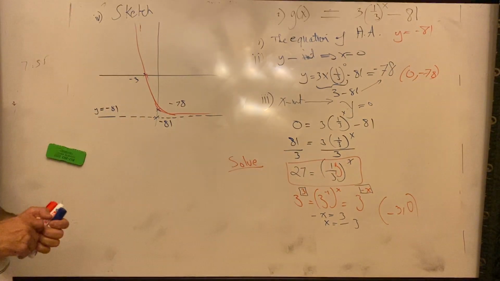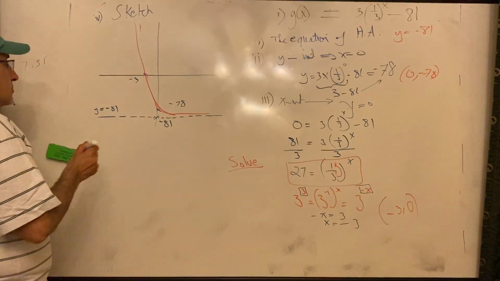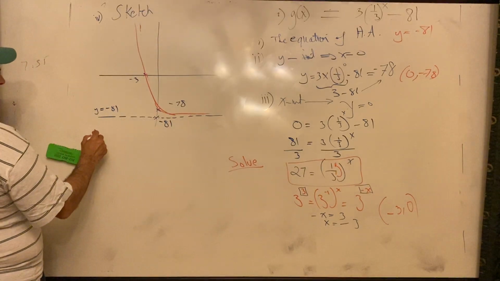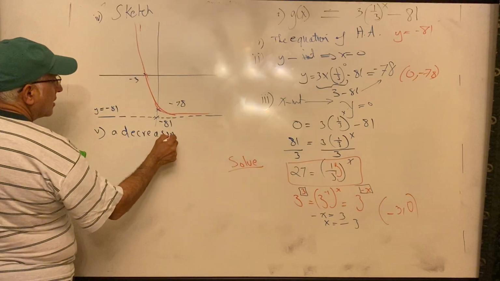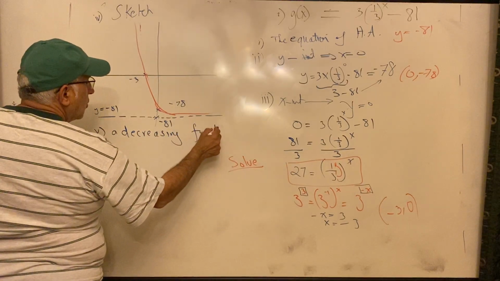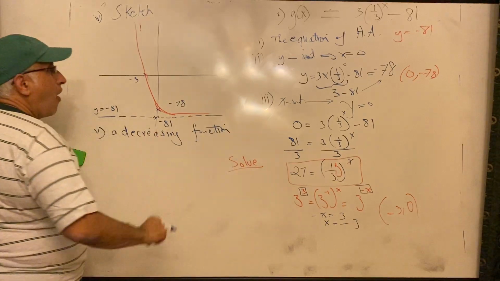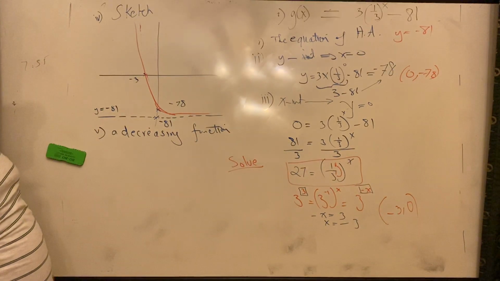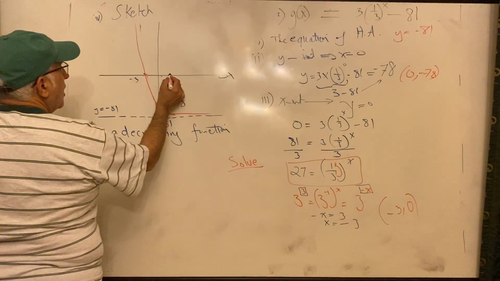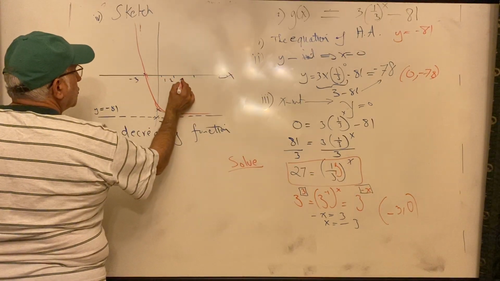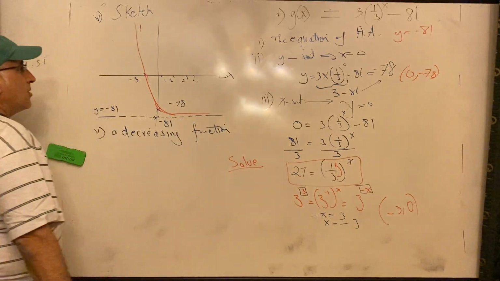This is called a decreasing function. Well, you have to know why. As x values come larger and larger, like 1, 2, 3, 4, what is happening to the y?